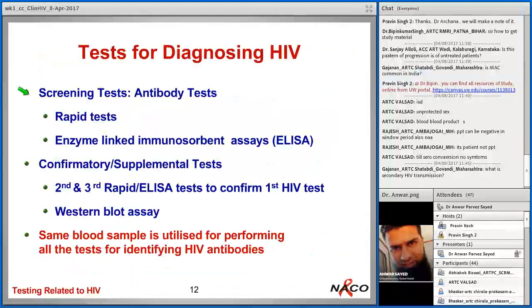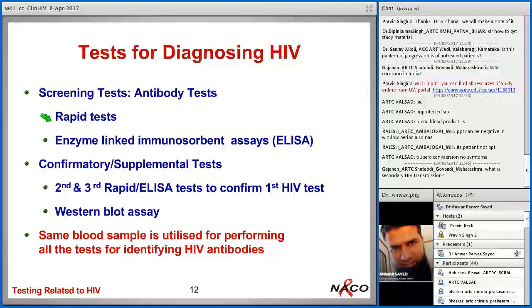The tests for diagnosis are screening tests, or antibody tests: rapid test, enzyme linked or ELISA test. Then there are certain tests which are called confirmatory or supplemental tests: second and third rapid or ELISA tests to confirm the first HIV test, and then Western blot test. Basically, initially rapid tests are done in our program, and if the first rapid test is positive, then it is reconfirmed by another test with a different principle.